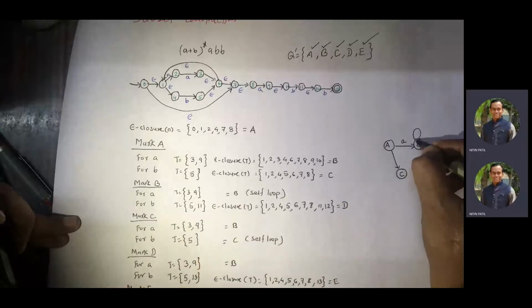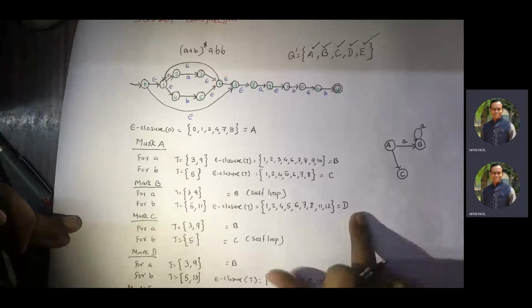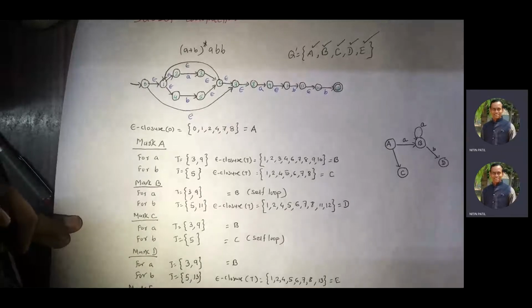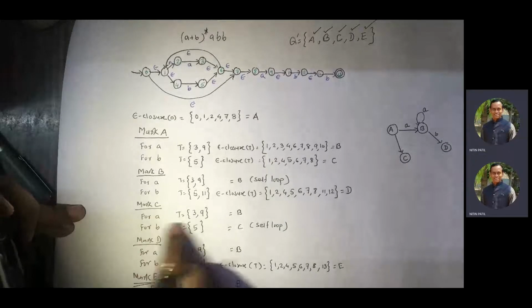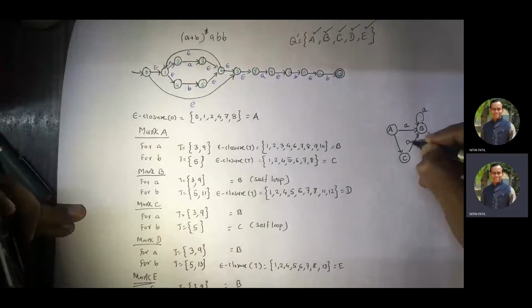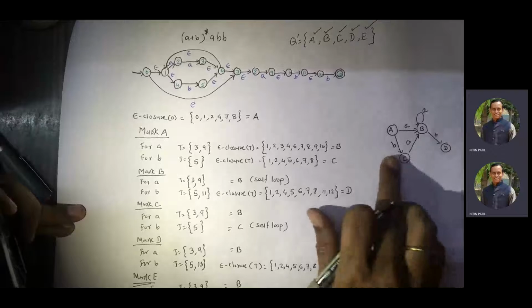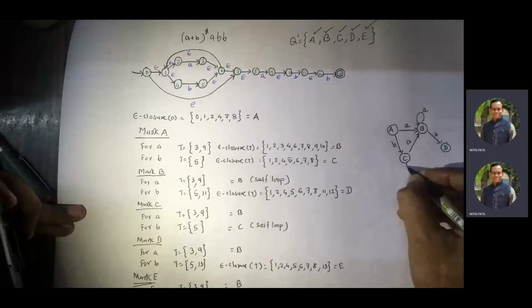So let us add it. For B, it is going to D. Correct. Now let us talk about C. From C, with A, it is going to B. Sorry, I forgot to write this A and B. And from C with B, it is a self loop.